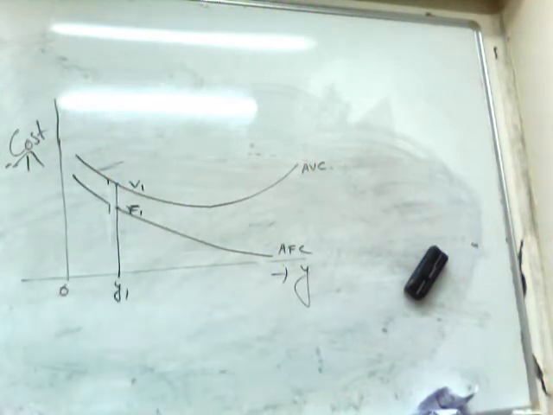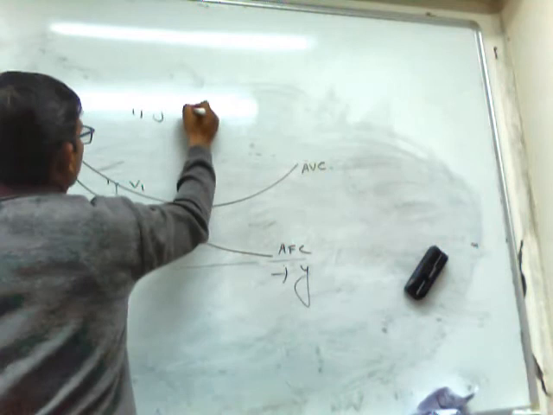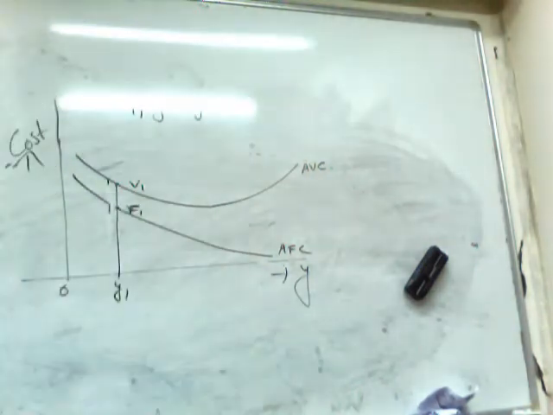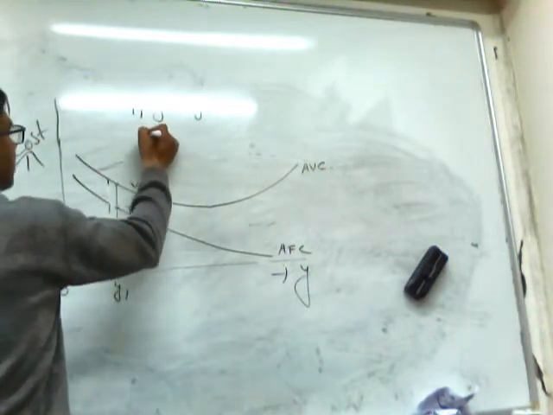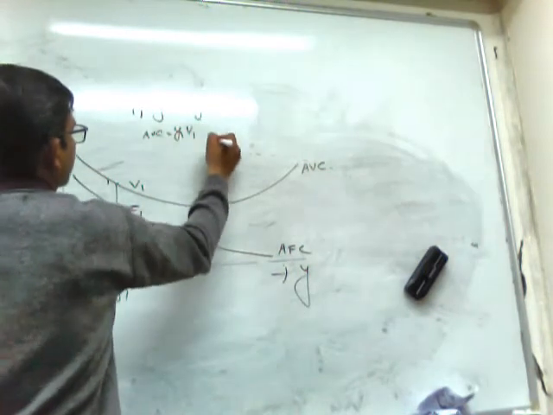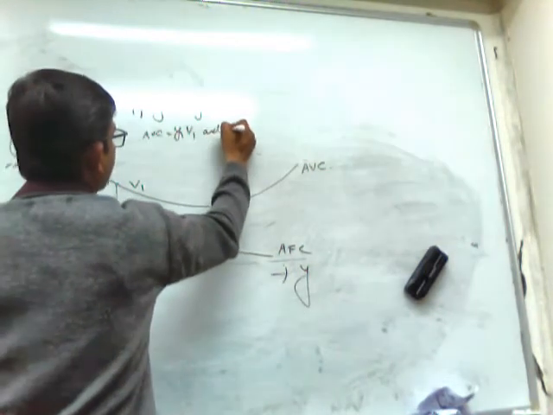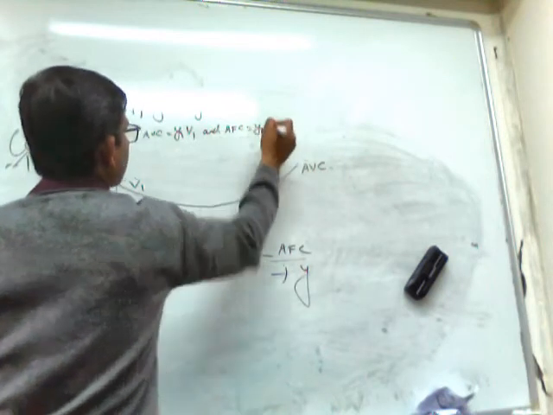So what will be the average cost at this level? If Y equals OY1, AVC equals Y1V1 and AFC equals Y1F1.